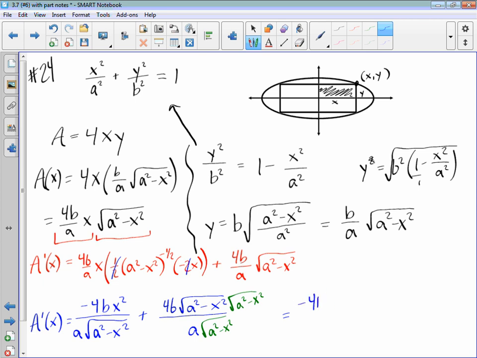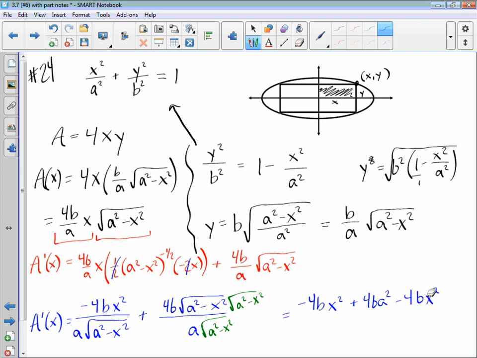So that actually makes it a lot nicer than what you might think there. So the numerator, I have -4bx squared. And then this is going to be 4b times a squared minus x squared, so you can distribute the 4b through. So it's going to be 4a squared b, or ba squared, doesn't matter, minus 4bx squared. Does that look right?